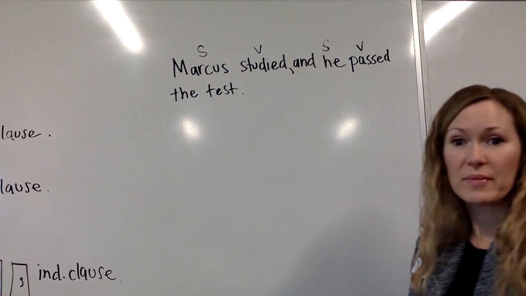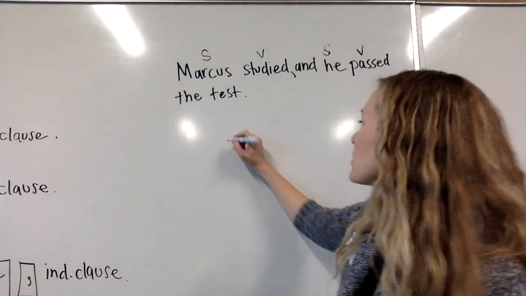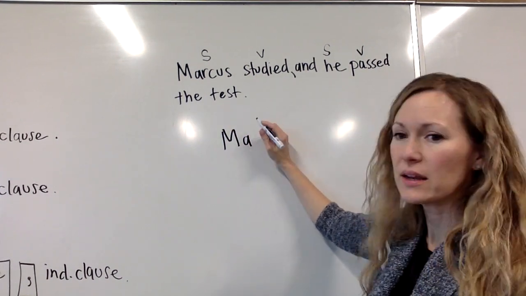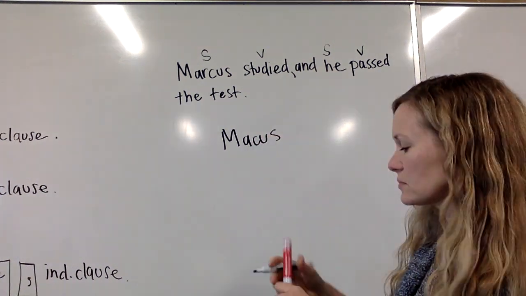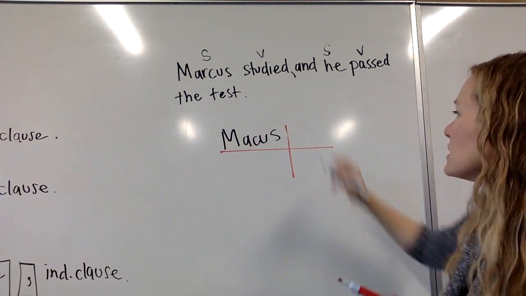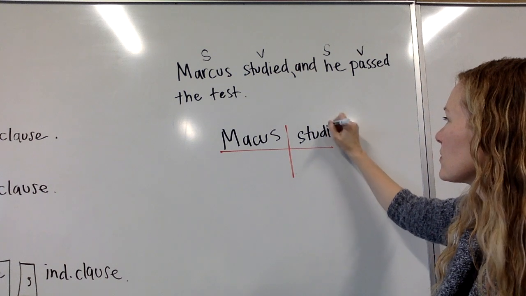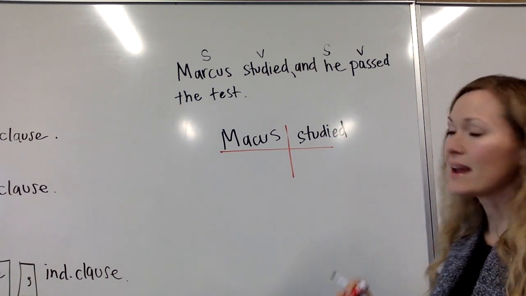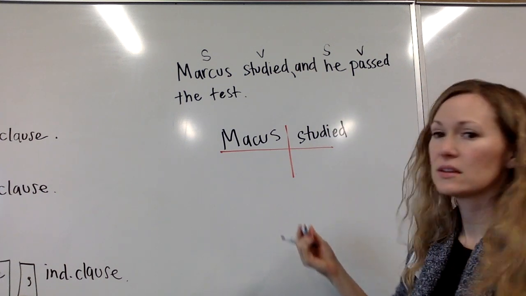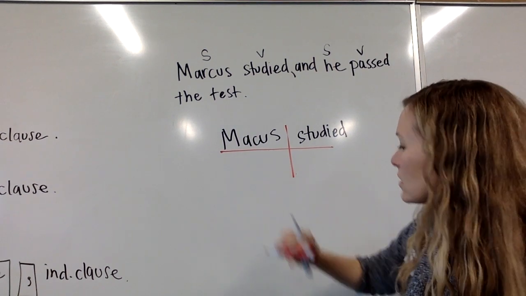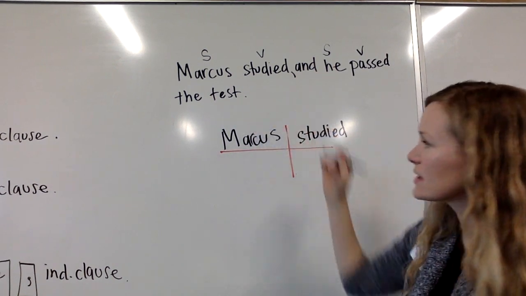So when we diagram this, we're going to start with the first independent clause, Marcus. And what did he do? He studied. And so here's where we connect the two independent clauses. Oh, somebody noticed that, I'm sure.